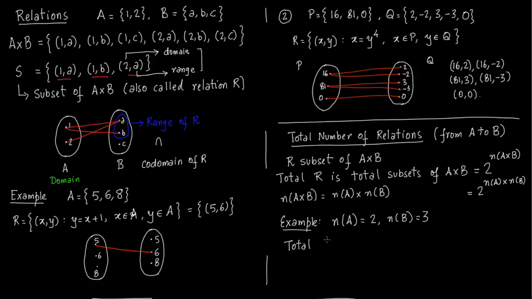So the total number of subsets of this set is also the total number of relations. So the total number of subsets is equal to the total number of relations. The total number of subsets is 2 raised to the power of the total number of elements in A times B, that is 2 raised to the power of 6, 2 times 3, which is 64.